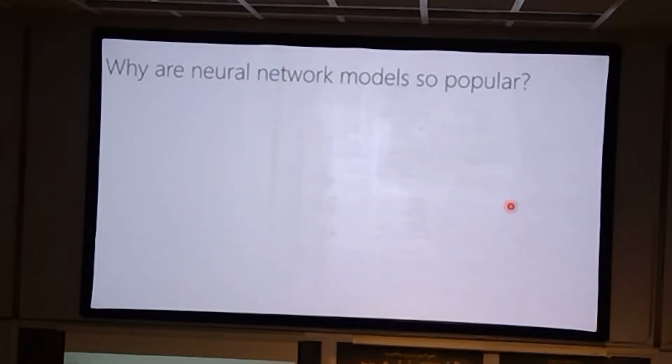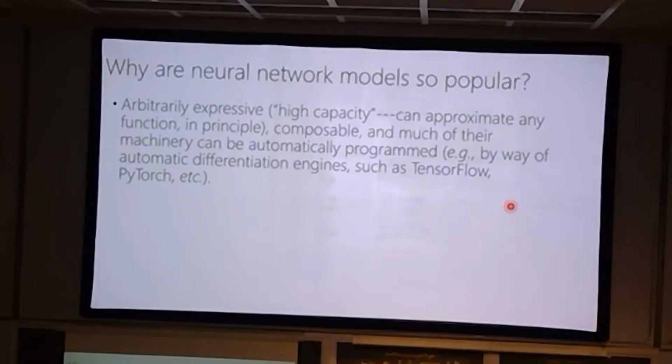So, okay, why are these things so popular? They've been around for decades, so what explains this kind of bizarre trend? Well, partly that trend you just saw, that's because they started to work, and then the money followed, right? So then people follow. And as I said, these are arbitrarily expressive, and we'll get into some intuition about why that is. In machine learning, when we say high capacity, we mean that they're very expressive and they can capture almost any kind of signal.